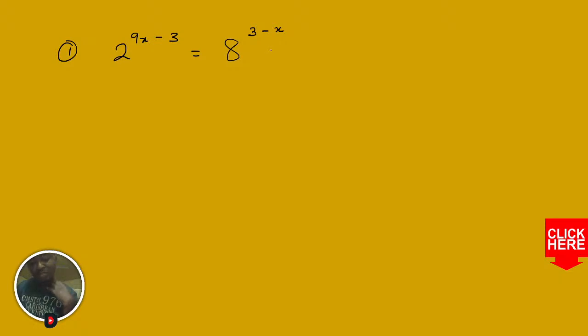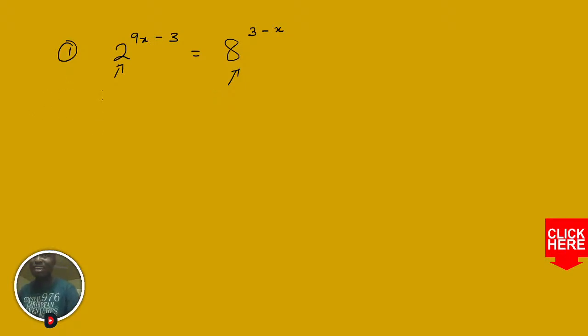To find the value of x, the best thing we could do is ensure that the base numbers are the same. We have to concentrate on the smaller number and find out which power of it gives us the bigger number.